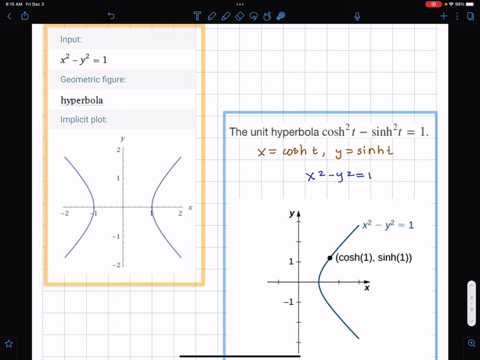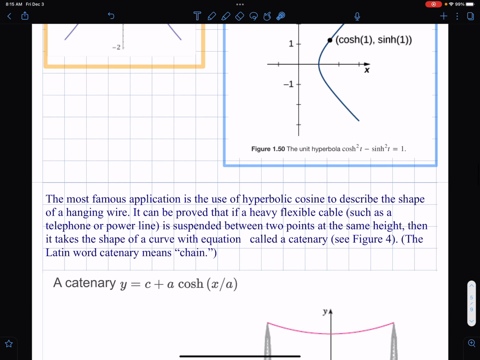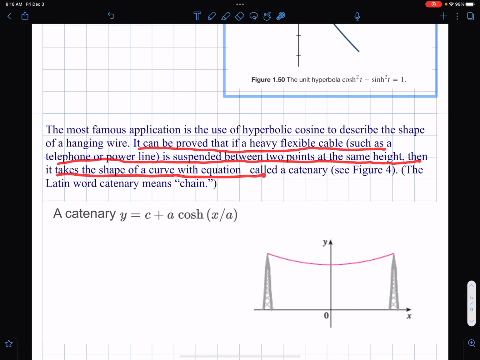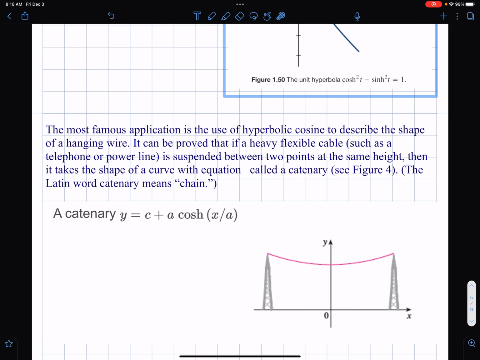So, okay, got that. The most famous application is the use of hyperbolic cosine to describe the shape of a hanging wire. It can be proved that if a heavy, flexible cable, such as a telephone or power line, is suspended between 2 points of the same height, then it takes the shape of a curve with an equation called a catenary.